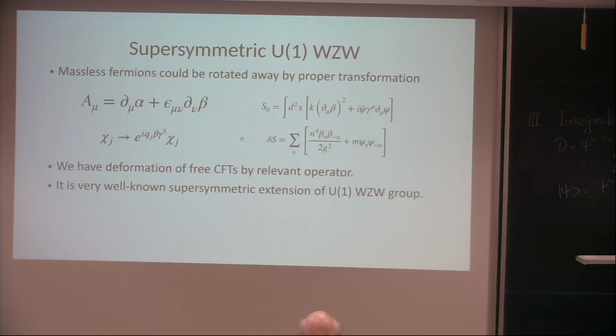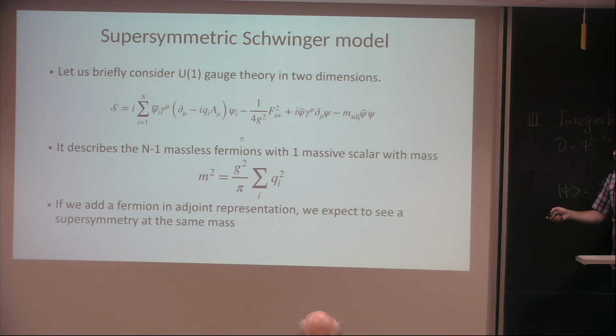So we have a deformation of the free CFT, U(1) supersymmetric Wess-Zumino-Witten, by a relevant operator. This guy has supersymmetry at any level K. And now if we demand that our perturbation respects the supersymmetry, we will see that it sets the mass to some particular value determined by this relation.